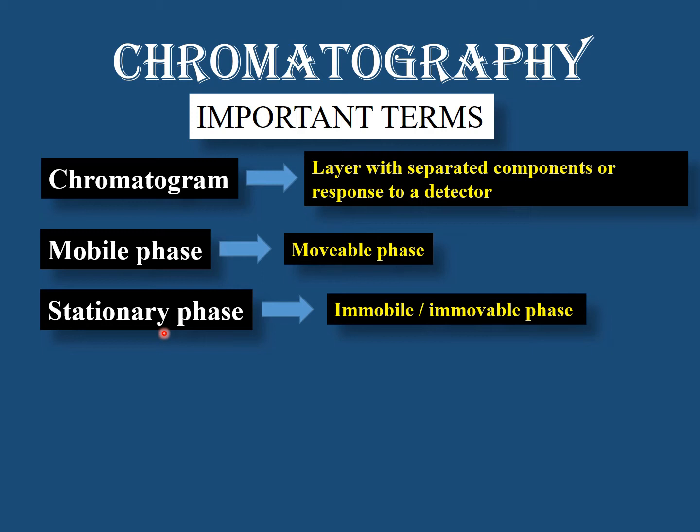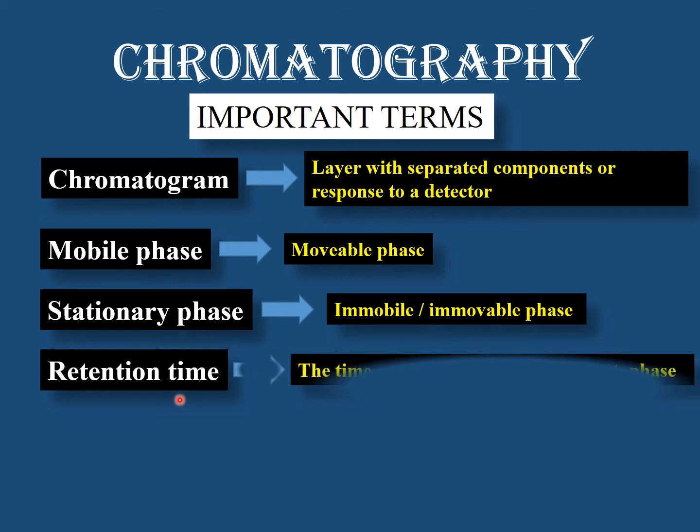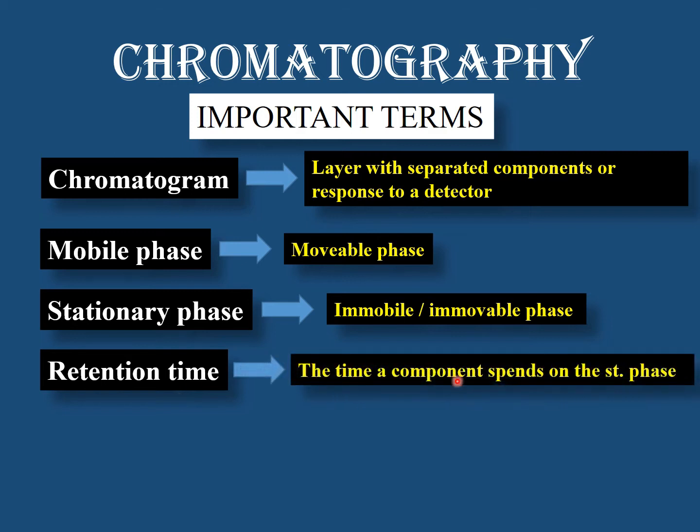Now, the components of the mixture get separated because of interaction with the stationary phase or the mobile phase. So every component spends a different amount of time depending upon their affinities with the mobile or the stationary phase. So we record or report our result in the form of the retention time, which is the time a component spends on the stationary phase.